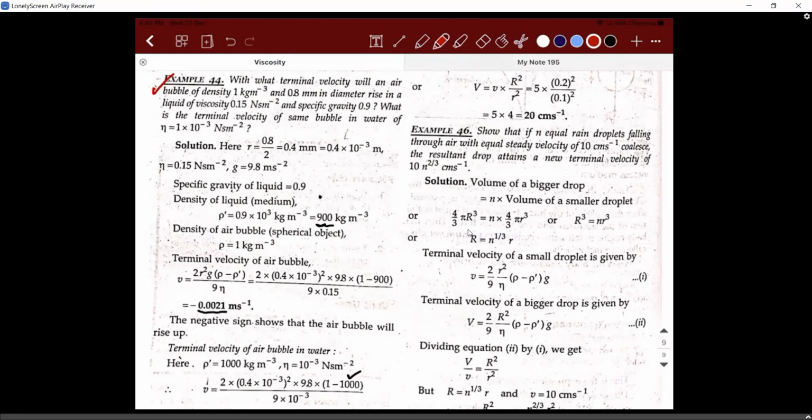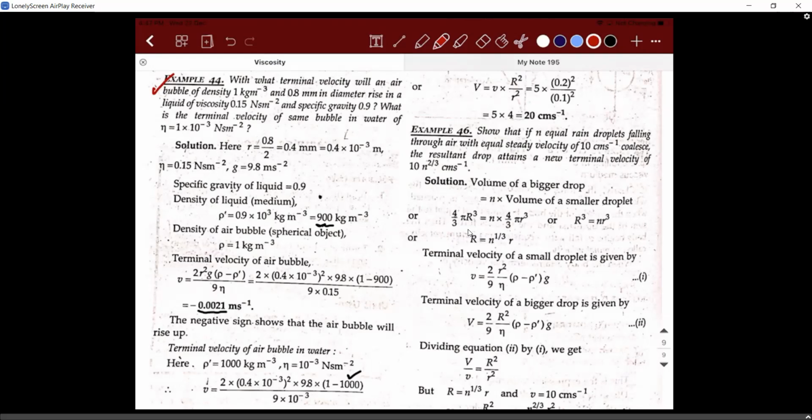So what are all the data given? Rho is 1 kilogram per meter cube and R is 0.4 millimeter, rise in a liquid of viscosity eta is 0.15 Newton second per meter square. Correct? And specific gravity of whom?